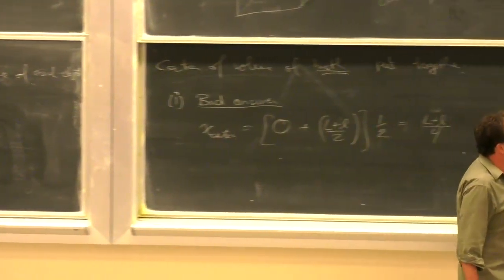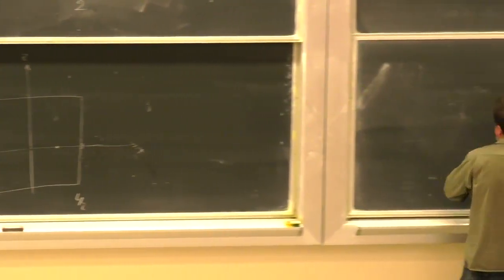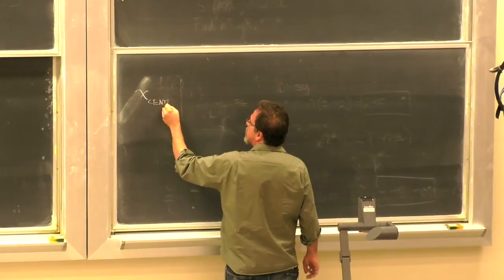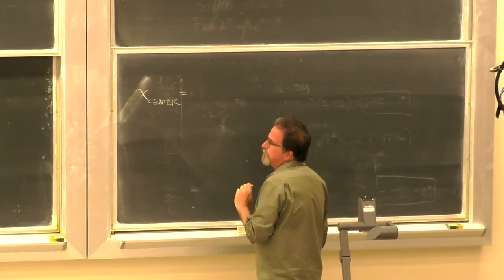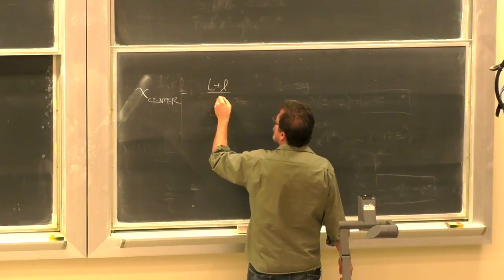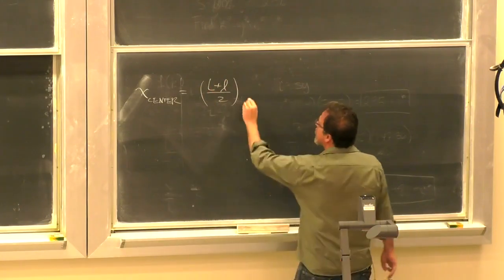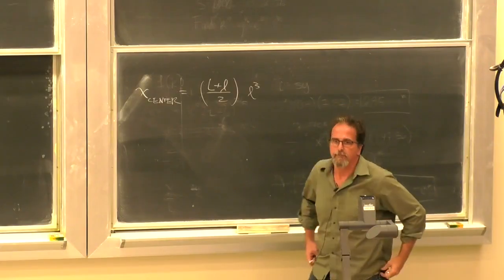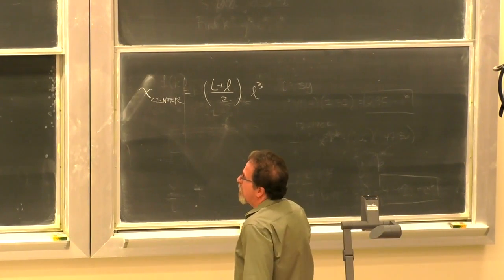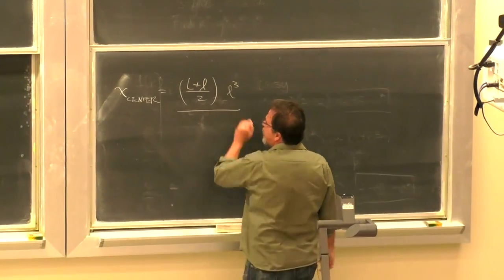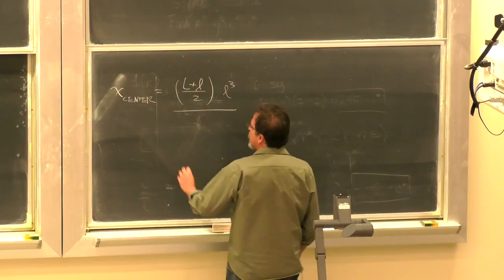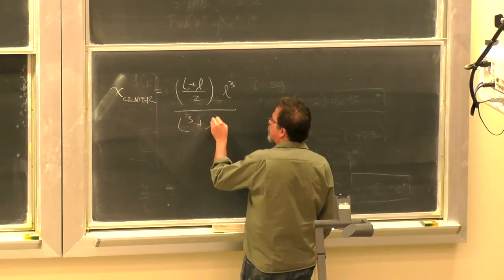Now let's see what this formula gives us. So x center is equal to capital L plus little l over 2, times the volume of the little one, which is little l cubed, because it's a cube of side length little l, divided by volume of big, which is capital L cubed, plus volume of little, which is little l cubed.